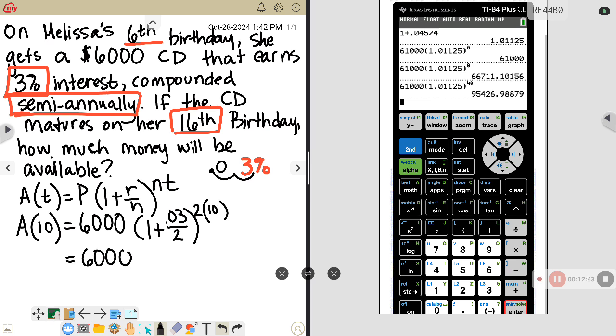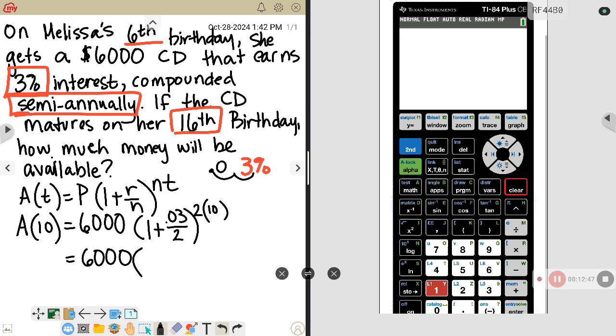I'm going to have 6,000 times 1 plus 0.03 over 2 gives me 1.015. My exponent is 2 times 10, which gives me 20.